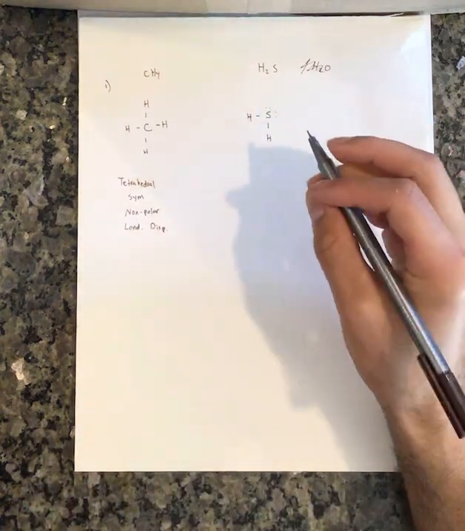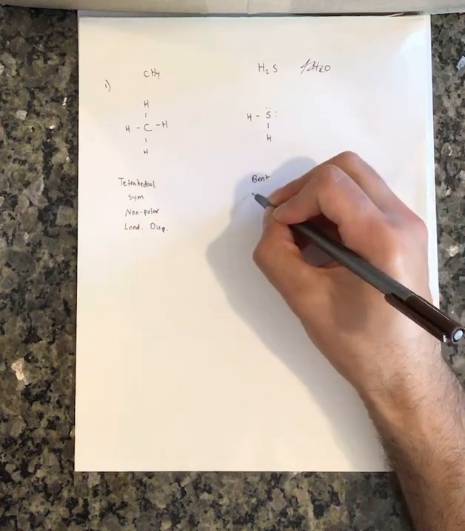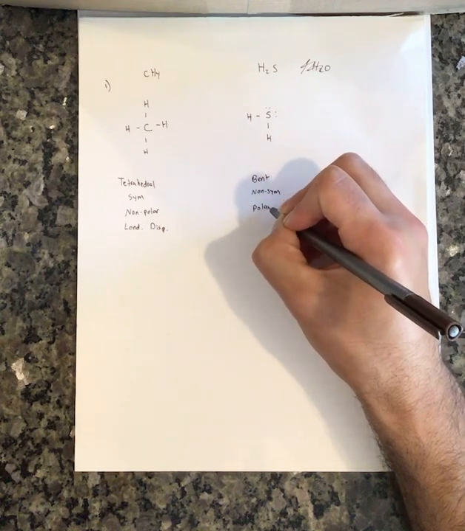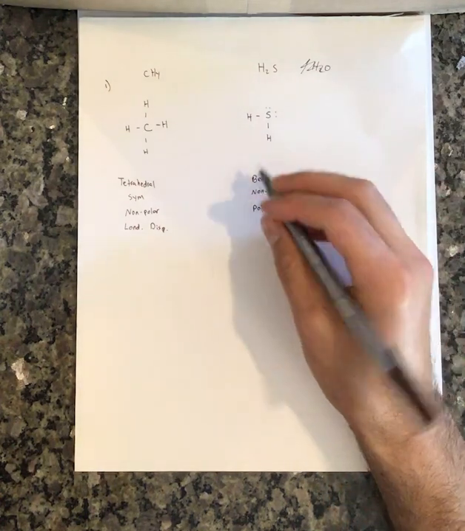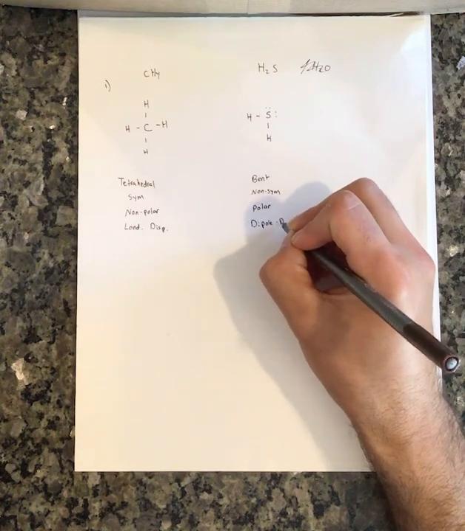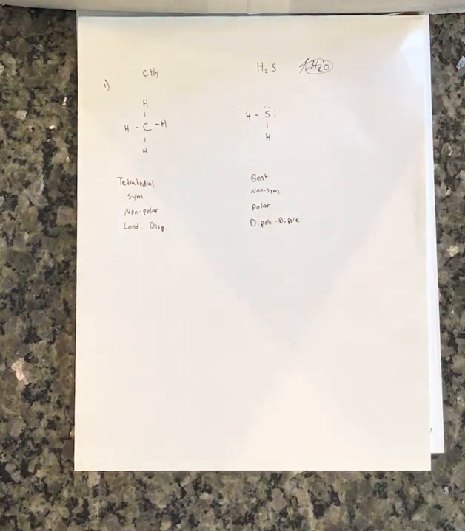This one here, water, once again, you guys should know this is bent. Okay, it's non-symmetrical. It's polar. And because it's polar, we're going to have our dipole-dipole. I was going to say hydrogen bond, but we don't have hydrogen bond. We would have it in water, but we don't have it in that one there.